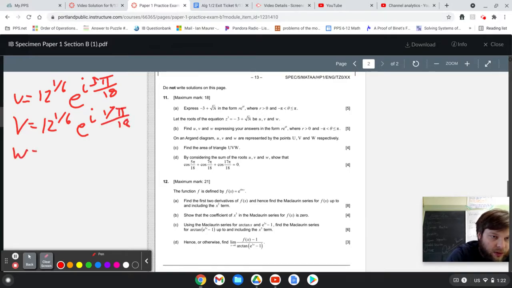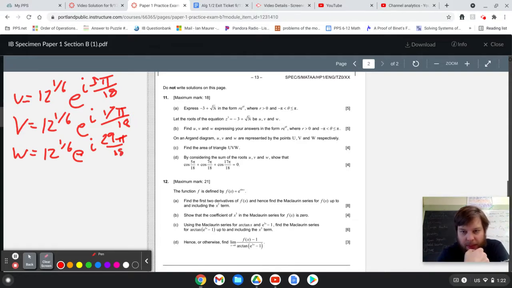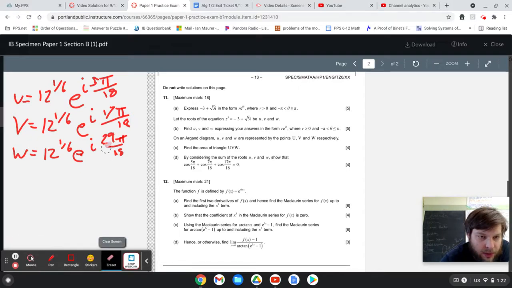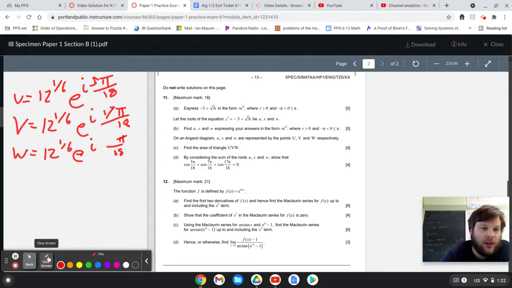And then W is 12 to the 1/6 e to the i 29 pi over 18, I believe it's 29. But because they wanted the angles between negative pi and pi, you can make that equivalently negative 7 pi over 18. I'm going to make that switch so it matches up with the previous answers.